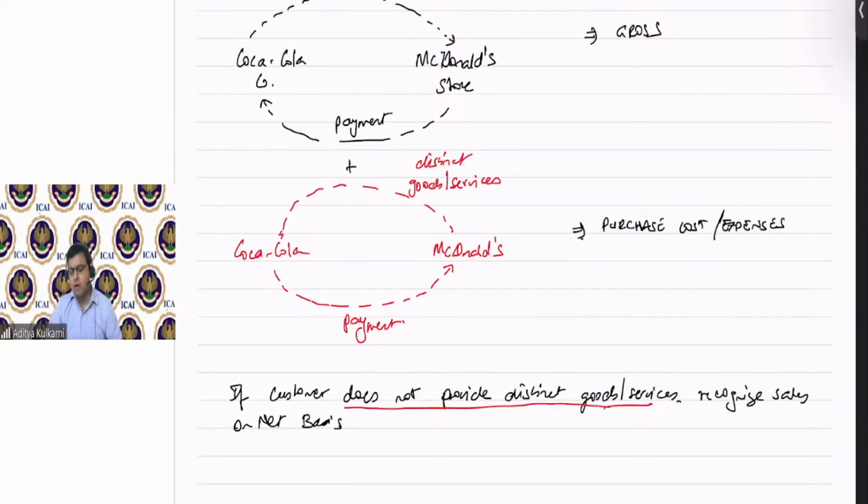Why was this a problem earlier? This was a problem because many entities used to jack up their revenues with such kind of arrangements. Many times, nothing would be provided, but the seller would say, "Bhai, you give me an invoice saying that you have stocked my goods at such and such location.